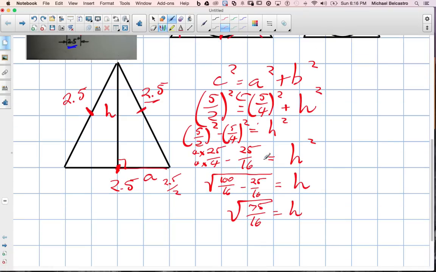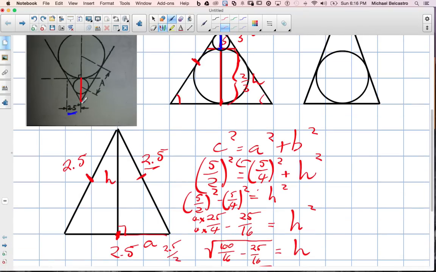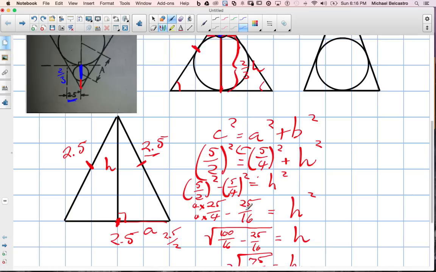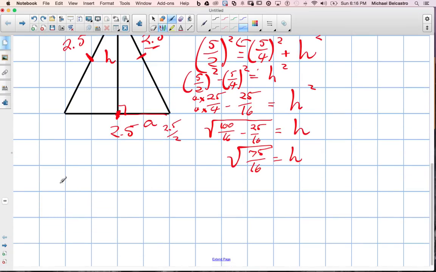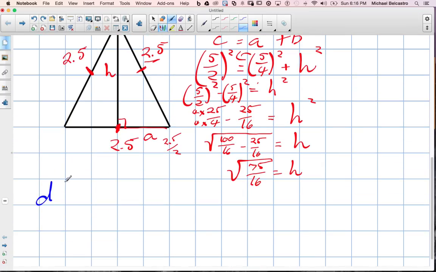Okay, root 75 over 16 is this height here. But that's actually not the diameter of the circle. If you remember, the diameter of this circle is 2/3 of that height. So this value, to find the diameter of the small circle, so I'm going to call it the small circle, is 2/3 of our actual height, which was root 75 over 16.